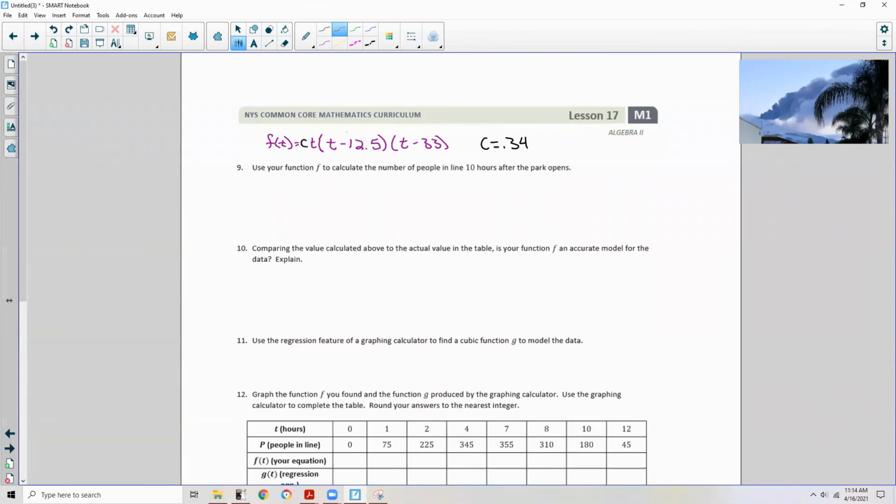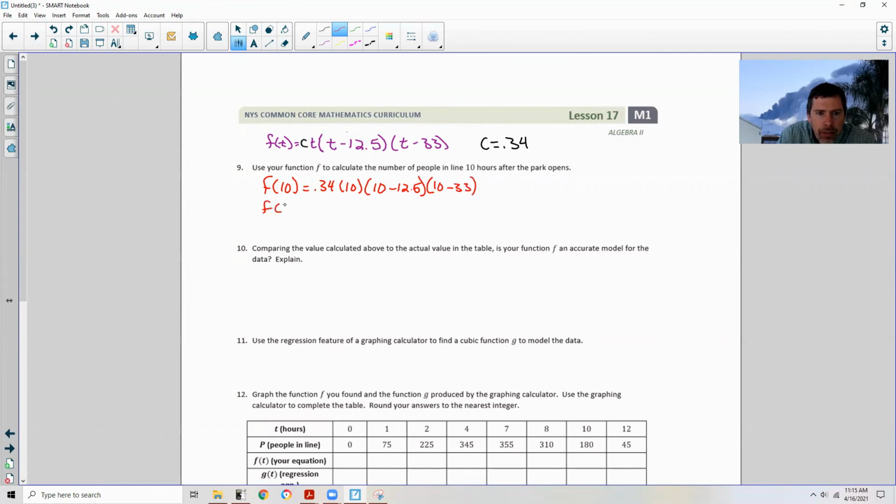Okay, page 3. Use your function f to calculate the number of people in line 10 hours after the park opened. So remember my c was 0.34, so I'm going to use this function with 0.34 in for c. So f of 10 equals 0.34 times 10 times 10 minus 12.5 times 10 minus 33.